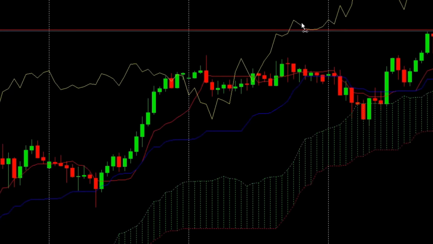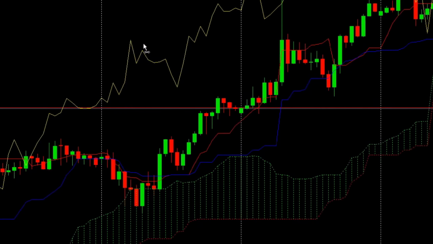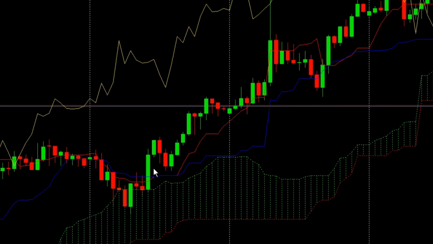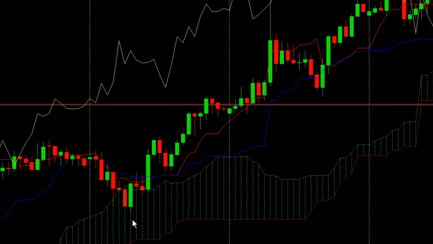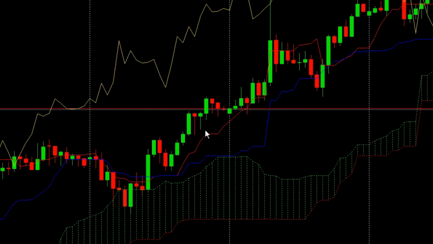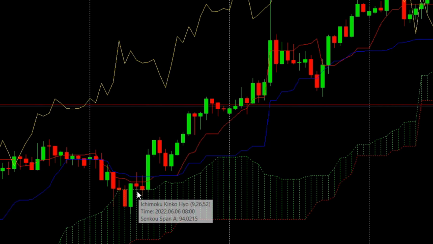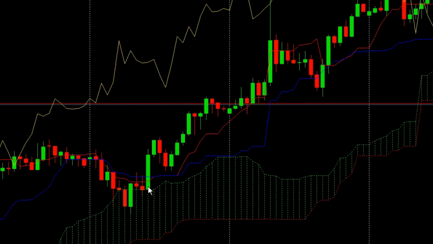But if we scroll to the right here and look at the continuation of that, we can see that the price does indeed hit the cloud at this point here, but when it does, price then rebounds and continues with the uptrend. Now, in terms of where that support actually occurs, it could happen from the top edge of the cloud anywhere down to the bottom edge.